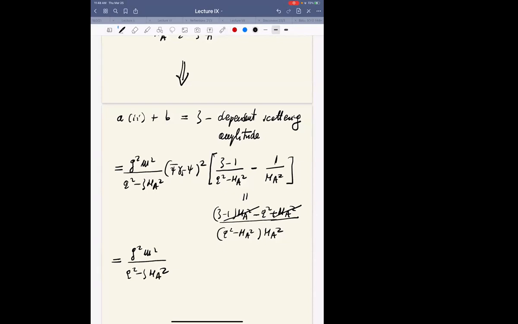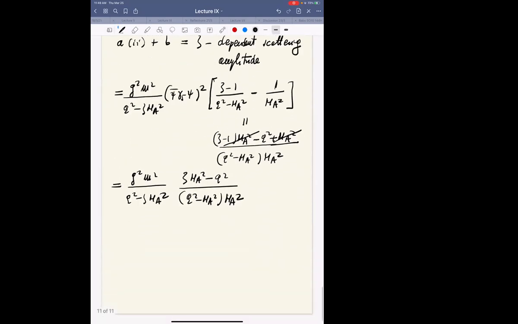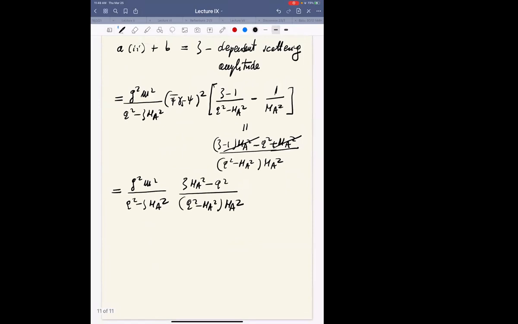I get psi M_A squared, my first piece, minus Q squared, divided by Q squared minus M_A squared, M_A squared. I made it. Yes, we can. With a minus sign.